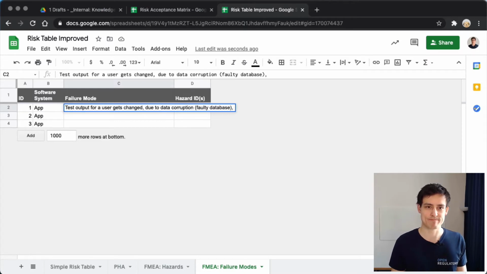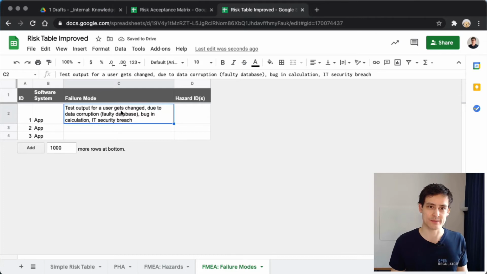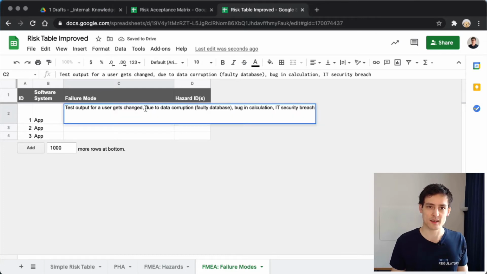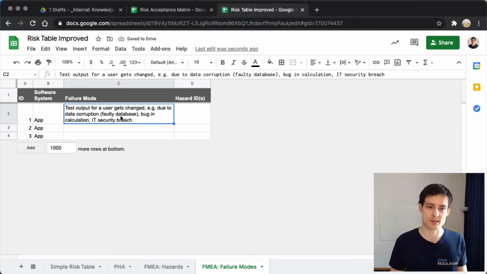I mean, this is grasping for straws, but okay. Due to data corruption, or even just a bug in your calculation, right? Bug in calculation. And as we mentioned earlier, IT security breach, someone alters the value with malicious intent, and so on and so on. So let's add this as example. Okay, so that's a potential failure mode.